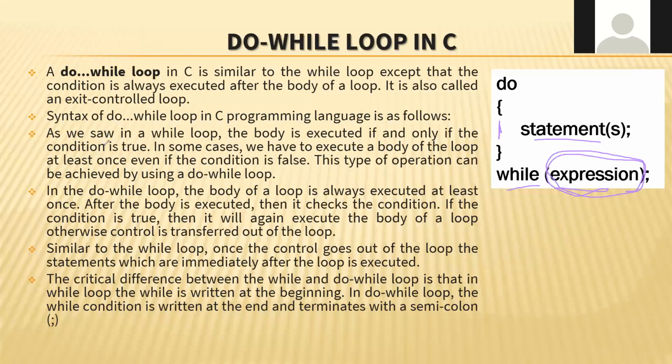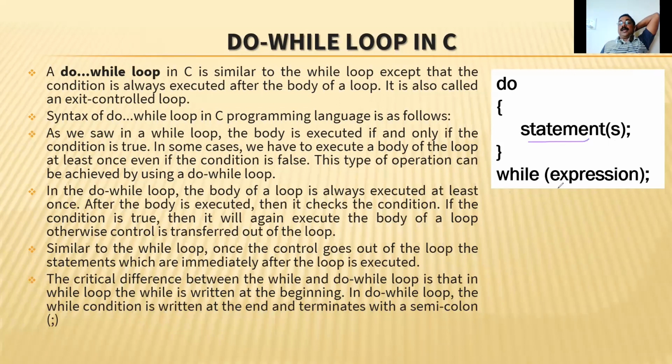Now the syntax of do while is given here. Do, then statements in the body of the loop, one statement or a number of statements, and after the curly brace there is a while statement. While is a keyword.